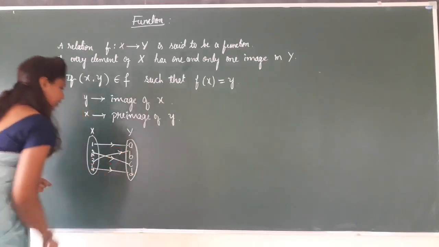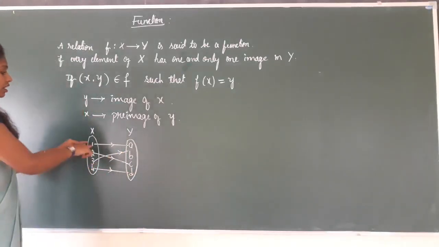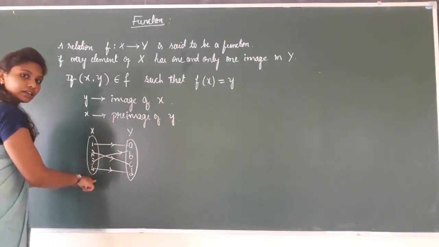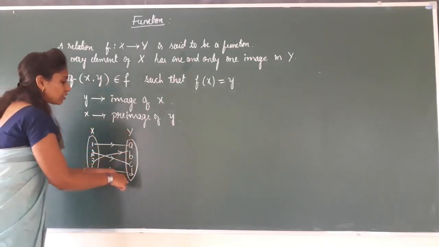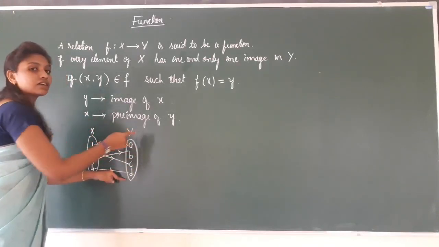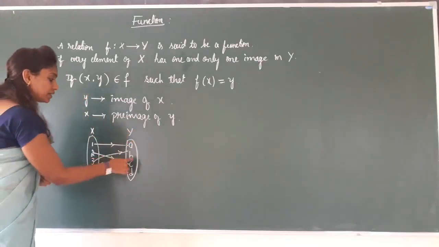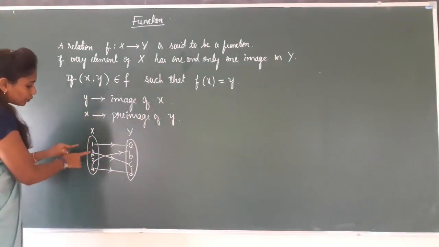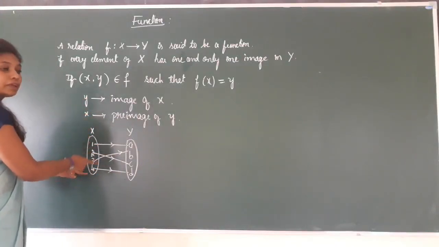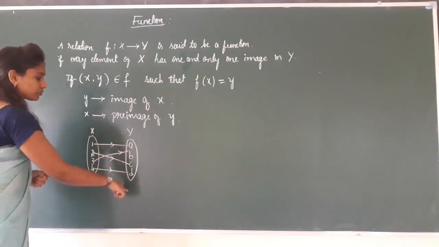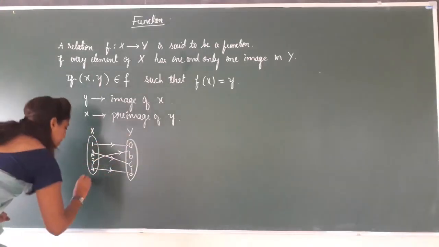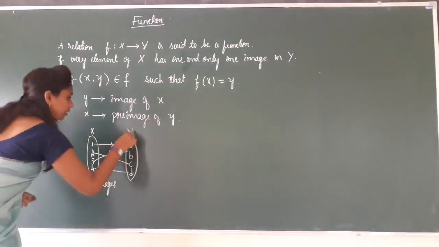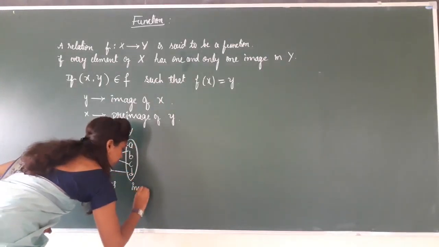Observe here. All the elements of this set X have images. These are all elements of X and A, B, C, D are elements of Y. These elements are called images. A, B, C, D are called images of elements of X. 1, 2, 3, 4 are called pre-images of the elements of the set Y. These are all pre-images and elements of Y are images.